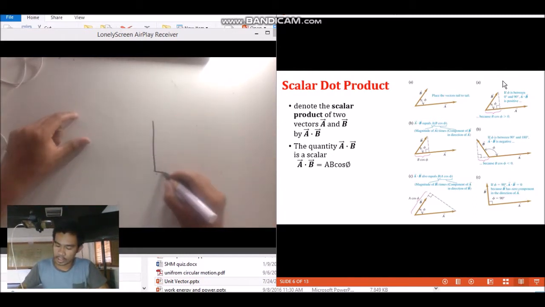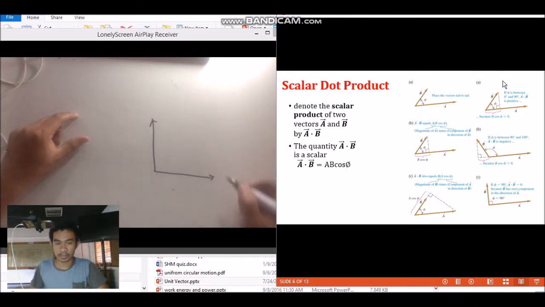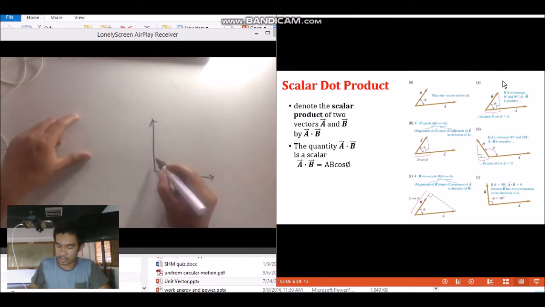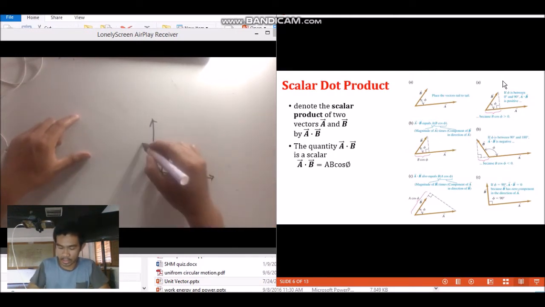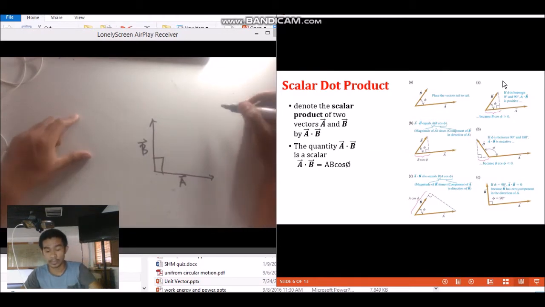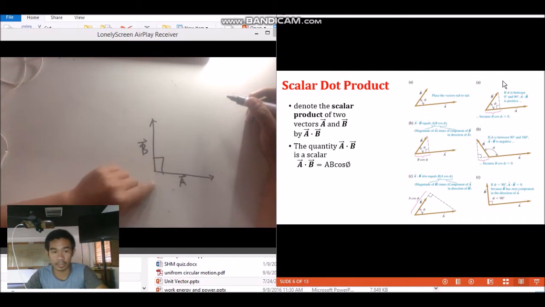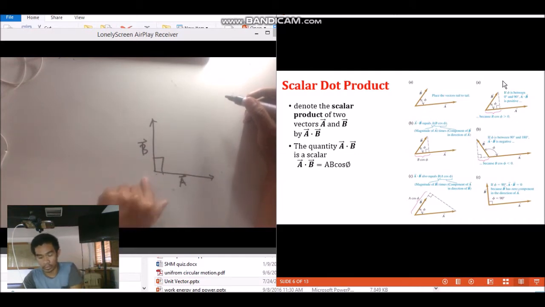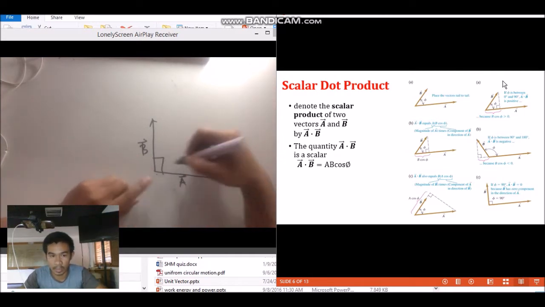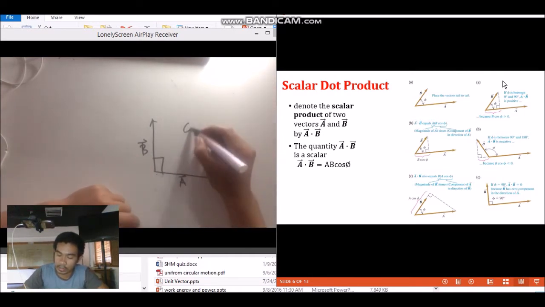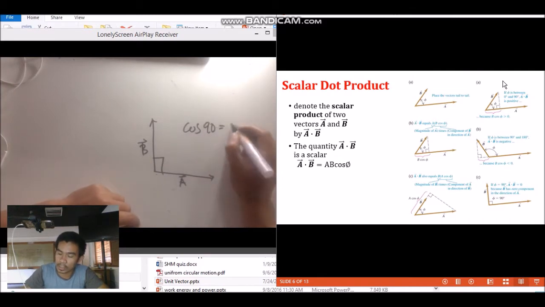Now, if two vectors are perpendicular to each other, let's say this is vector A and this is vector B, the projection of vector A onto the direction of vector B is 0, and the projection of vector B onto the direction of vector A is 0. So it means they are perpendicular to each other, and cosine of 90 equals 0.